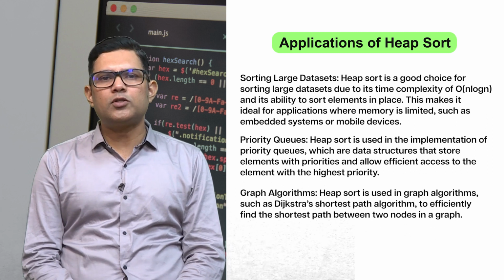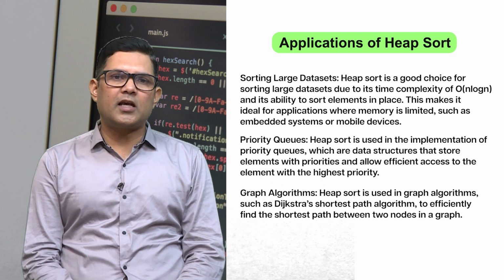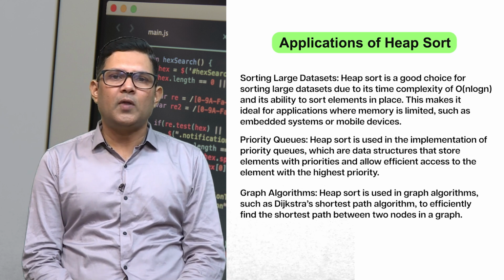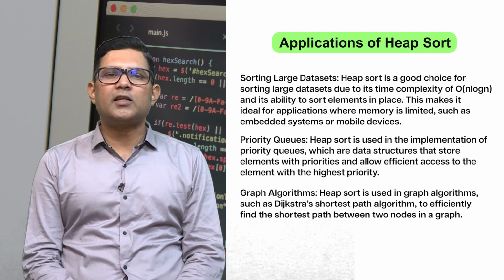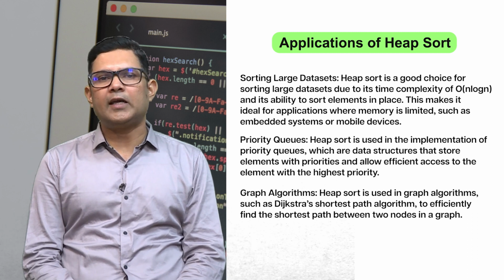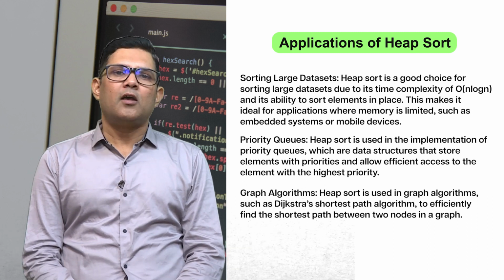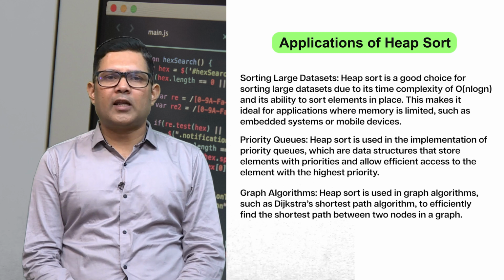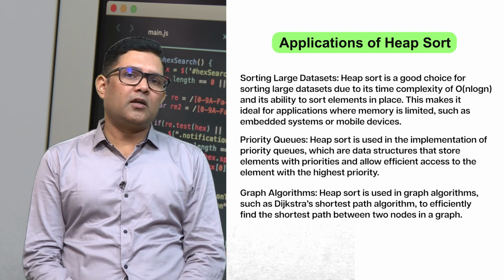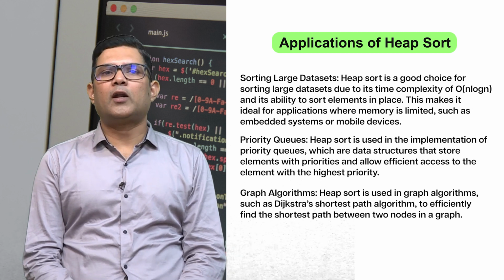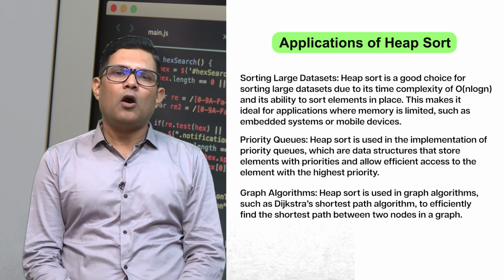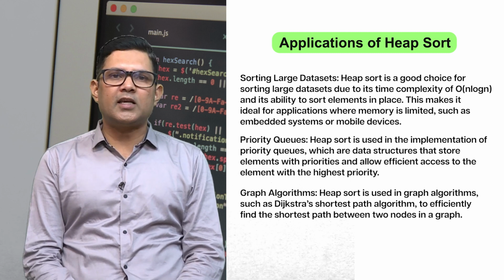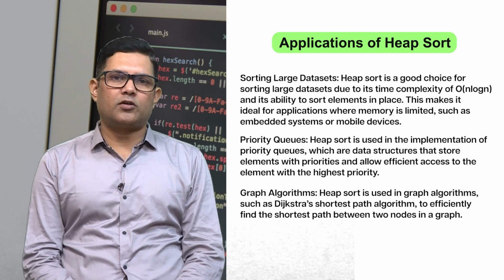Heap sort is used in graph algorithms such as Dijkstra's shortest path algorithm to efficiently find the shortest path between two nodes in a graph. So we can apply heap sort where memory is limited, where the data is large, or where we design priority queues or graph algorithms.